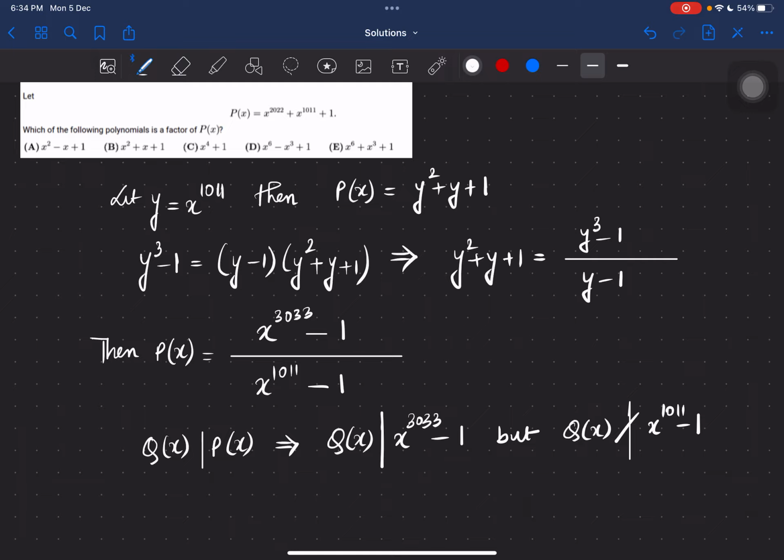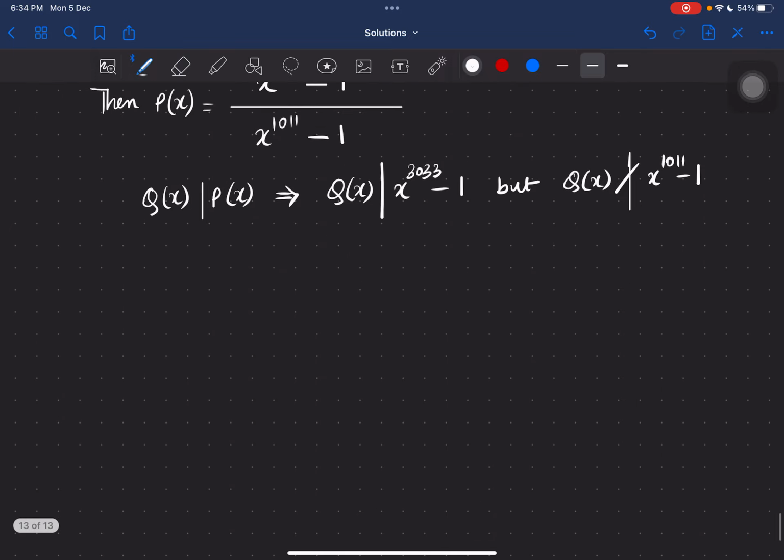Now we know one result, so let us claim one result. Suppose a polynomial of the form x^a - 1 divides x^b - 1. This is true if and only if a divides b.